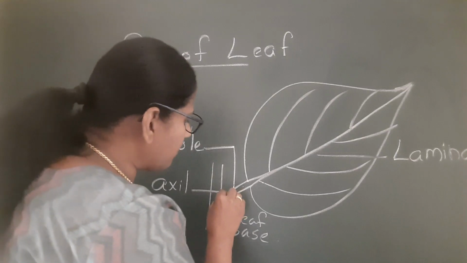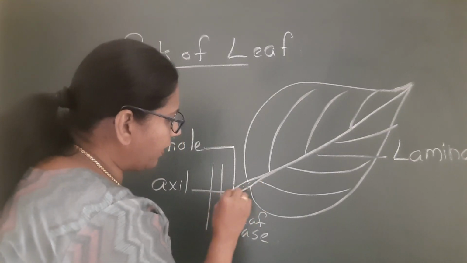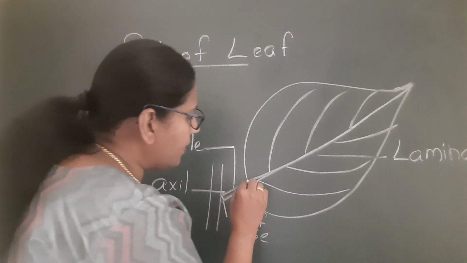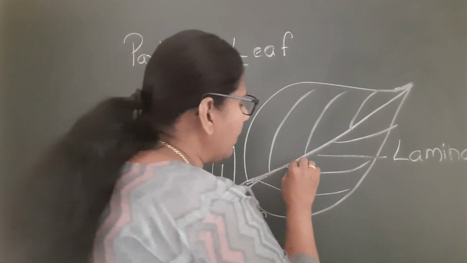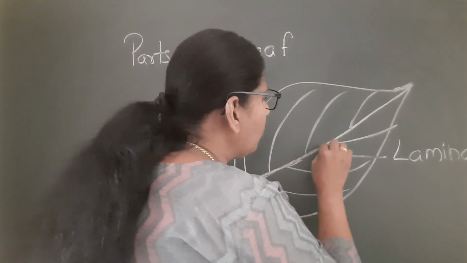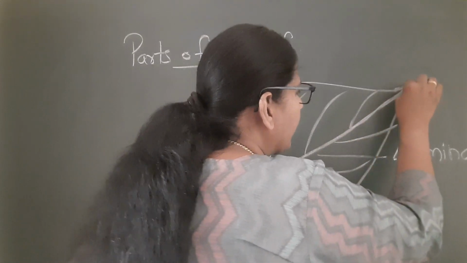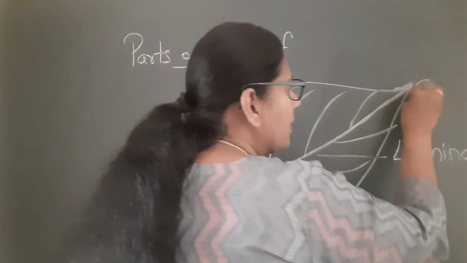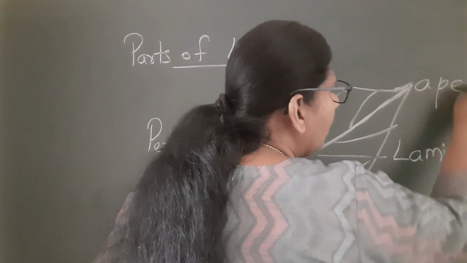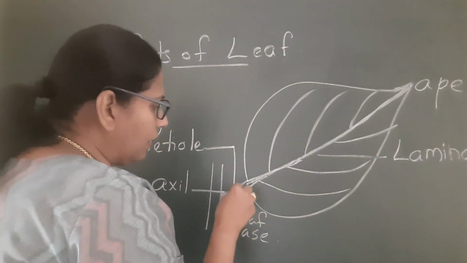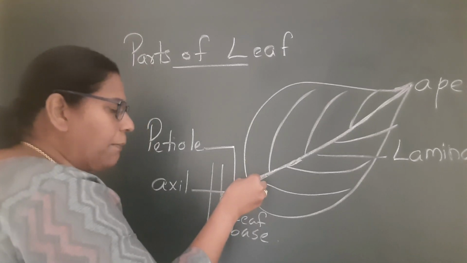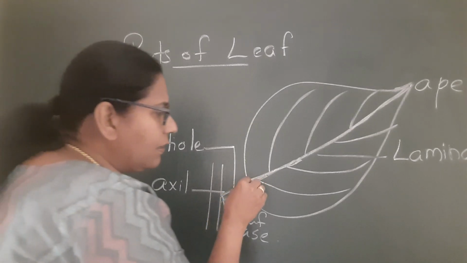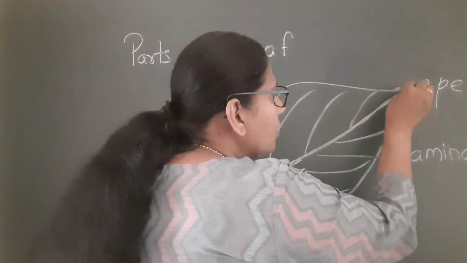Now this petiole enters into the lamina and continues to the apex. The tip of this part is called the apex of the leaf. The petiole enters into the lamina of the leaf and continues till the apex.